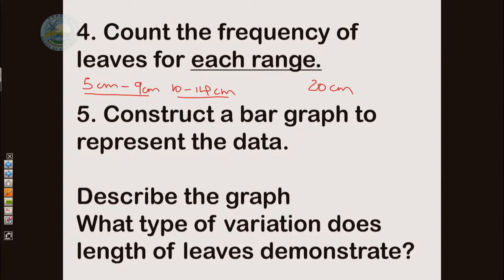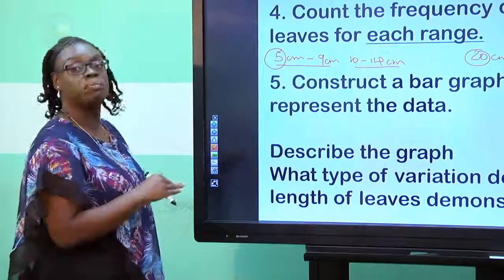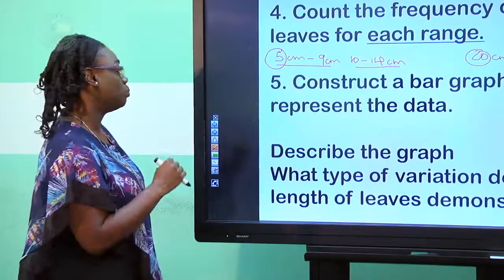Count the frequency of the leaves for each range. So for example, if your shortest leaf is 5 centimeters and your longest leaf is 20 centimeters, and highly likely you will have natural or whole numbers like that. You'll probably have fractions, but for simplicity of explanation, I would use whole numbers.